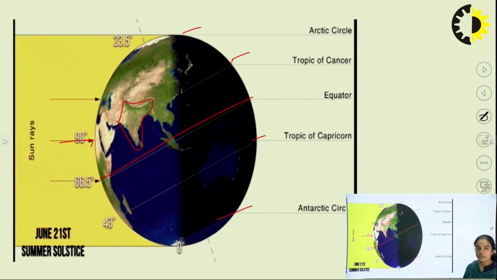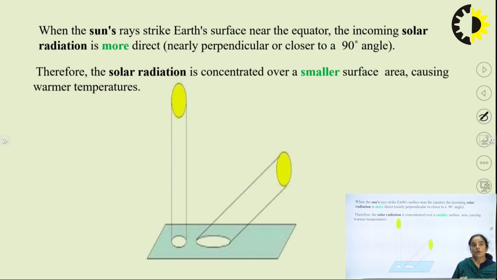So this is the global position of India, which makes it leading in solar energy harness. So, when sun's rays strike Earth's surface near the equator, the incoming solar radiation is more, nearly perpendicular or closer to 90°.